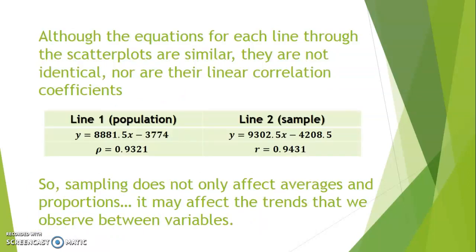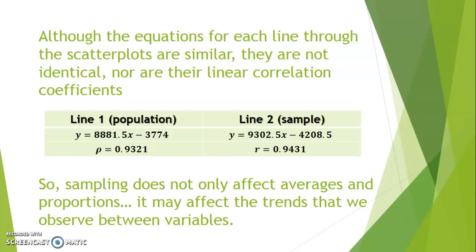Although the equations for each line through the scatter plots are similar, they are not identical, nor are their linear correlation coefficients. As we can see, both the slopes and the y-intercepts for the two lines slightly differ, as do the correlations.